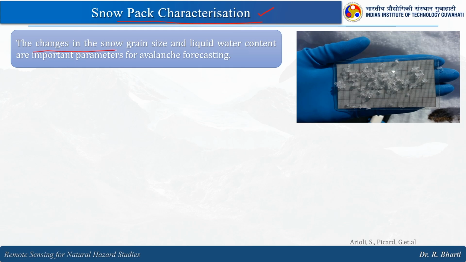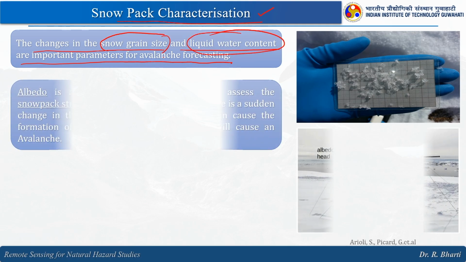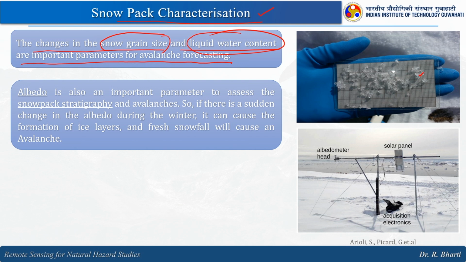So the changes in the snow grain size and liquid water content are important parameters for avalanche forecasting, right. Here there are two terms, snow grain size and the liquid water content. Here you can see these are the grains of the snow, right.